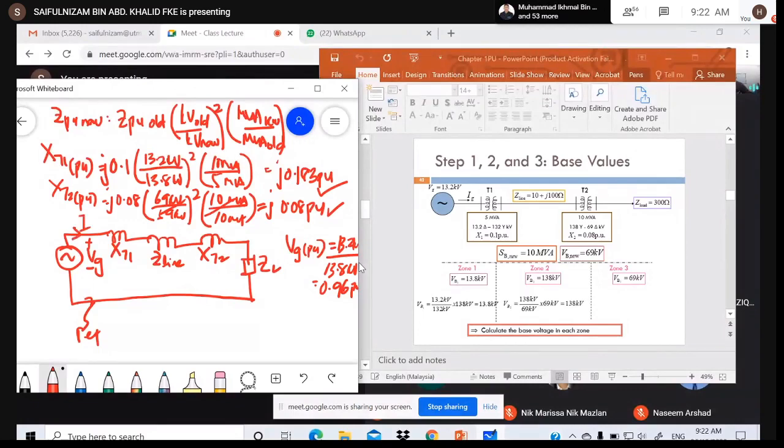So next, what else? You can calculate the IPU, right? Yes. Straightforward, VG divided by Z total.